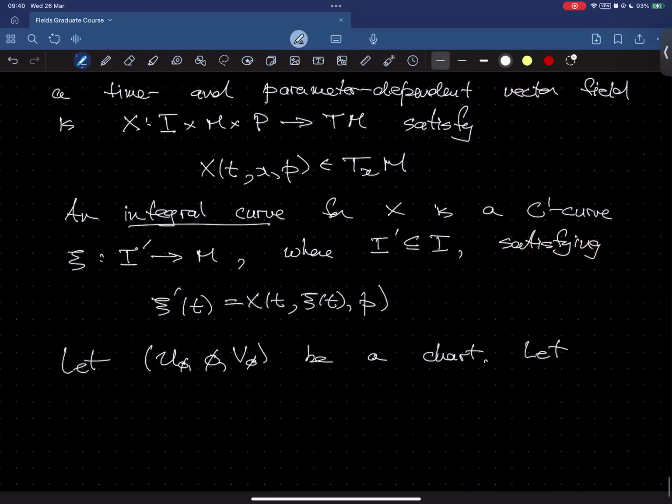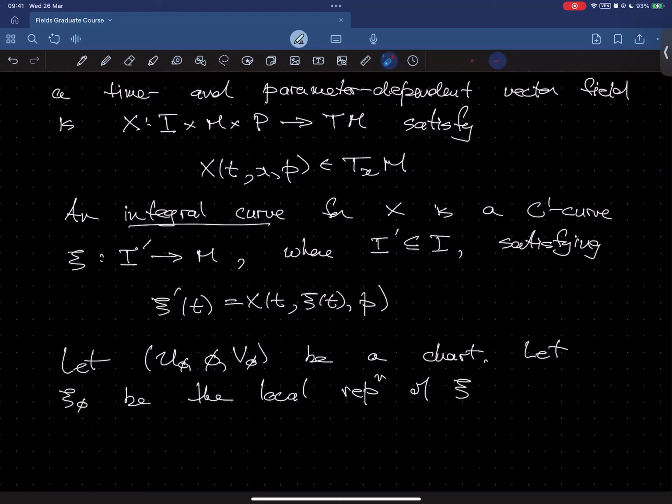Okay. All right, so let C phi be the local representative of C. Okay, so C is a curve defined on some subinterval of I. It's going to take values in M. And so, I'm making some assumptions about various things here when I'm writing down xi phi.